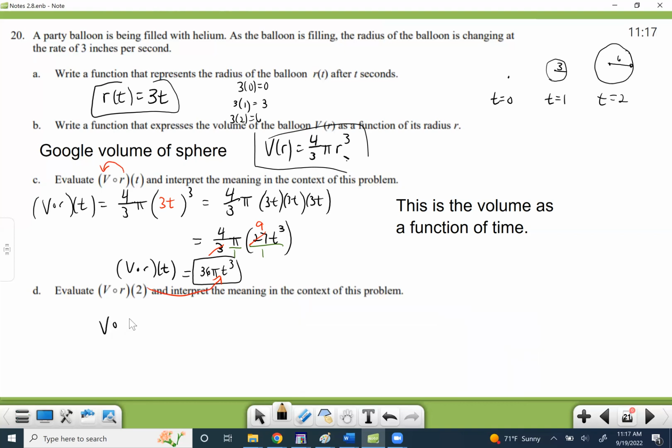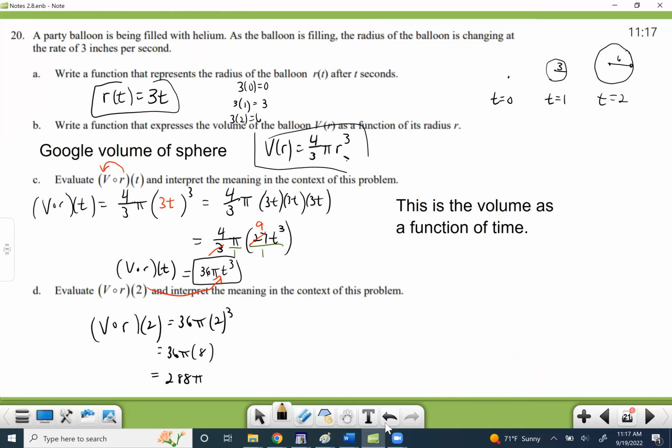Let's see what we get, you guys. So V compose R of 2 would be 36 pi times 2 cubed. So 36 pi times 8, that's what 2 times 2 times 2 is. So let's see what 36 times 8 is. It's 288. Okay, and these would all be cubic units. I haven't been putting, what are we measuring with?